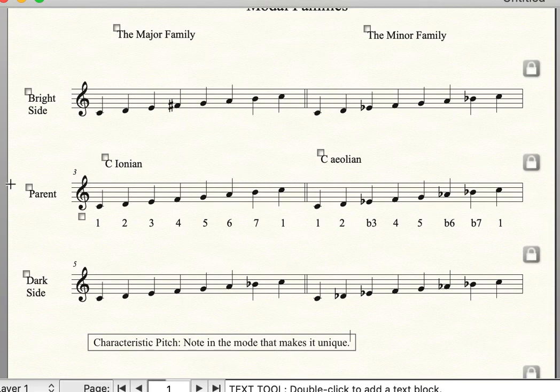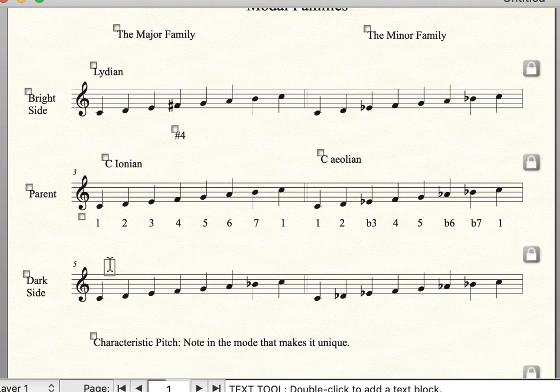So the characteristic pitch of Lydian is sharp 4. The characteristic pitch of Mixolydian is flat 7. The characteristic pitch of Dorian is 6. And the characteristic pitch of Phrygian is flat 2.